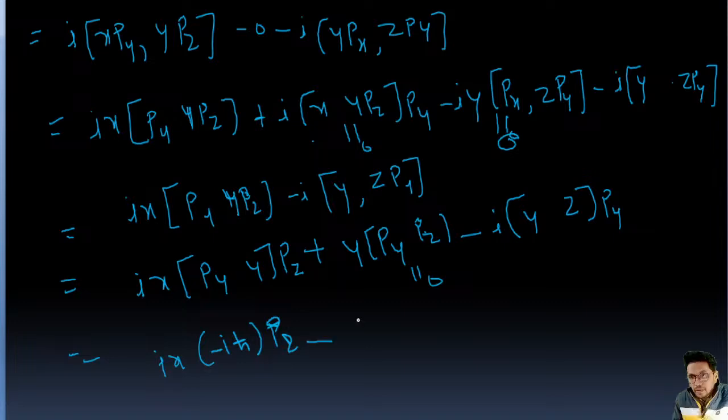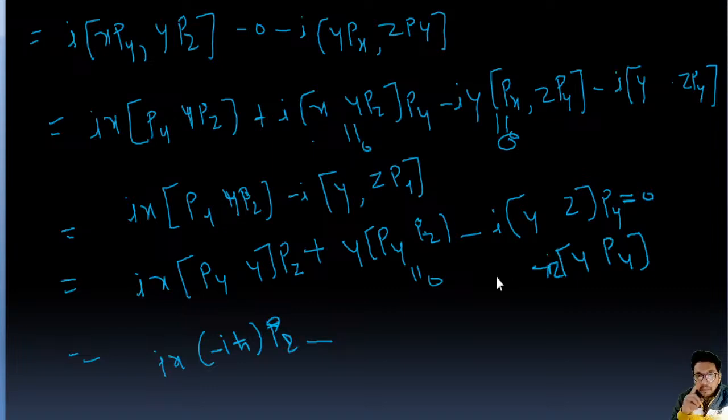I will open this one as well, this YPZ, and this is going to be minus YPY into Z. Okay, this is the one. So this value is also 0, YZ is there, so it is going to be minus, minus iota is also there.